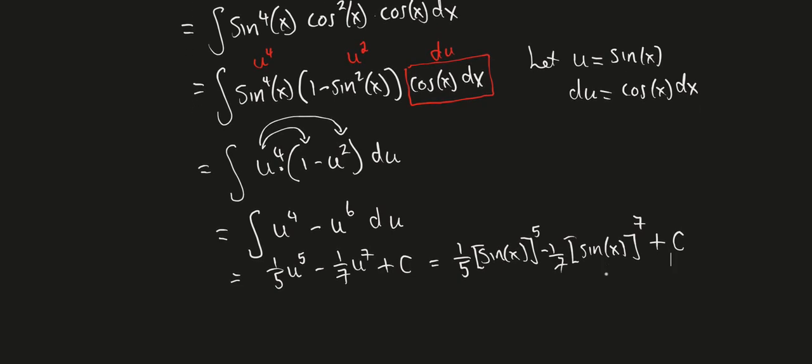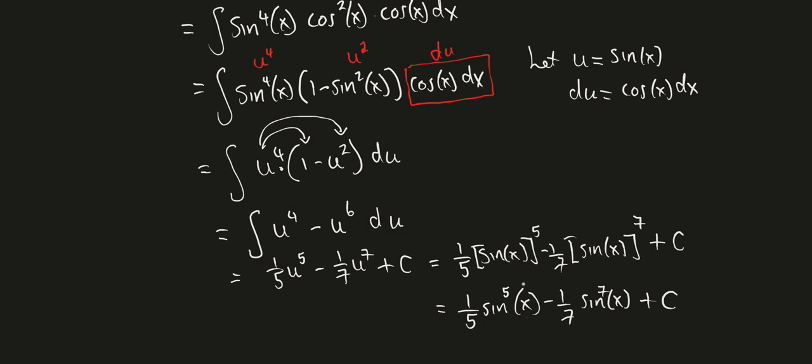And then again, I wrote it like this just to emphasize the order of operations, but normally we write, as we've been doing so far, our powers with that notation. And then this is the sine of x to the seventh power, and then our plus c, right?